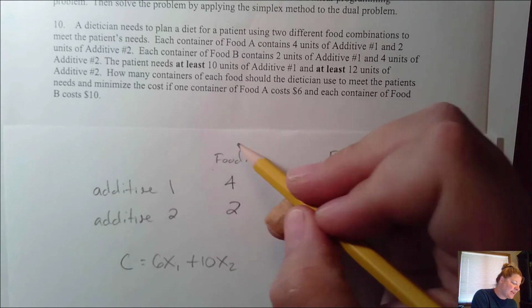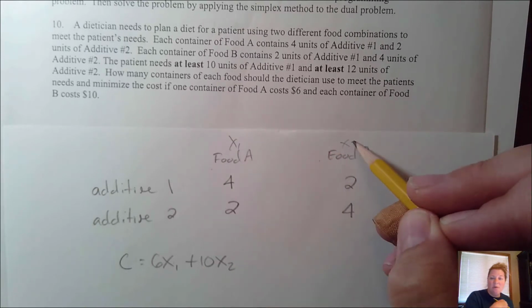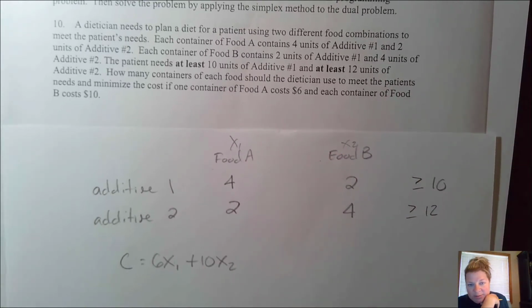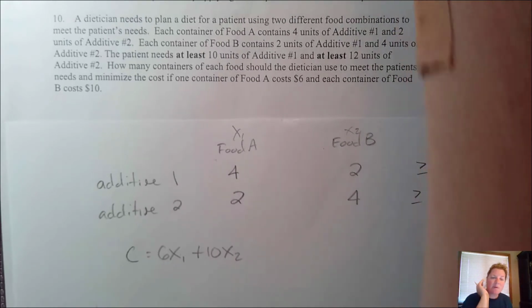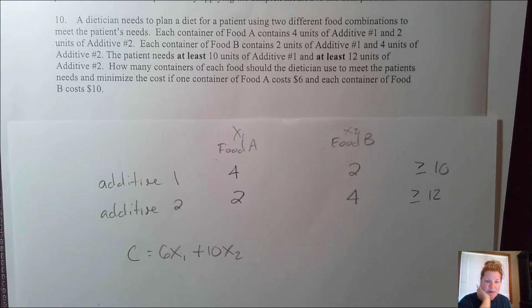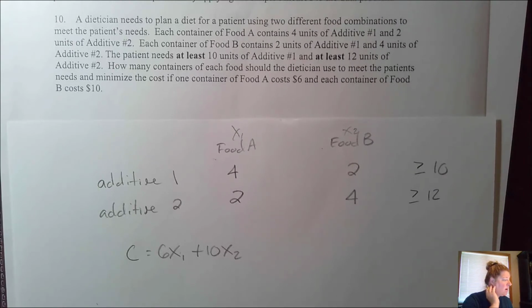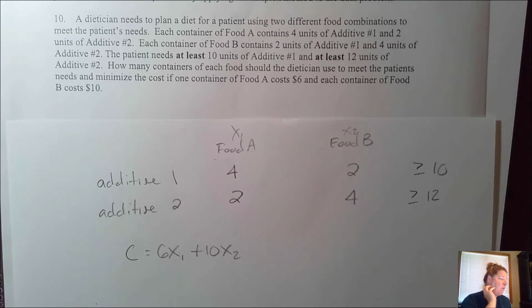I just call this x1, x2, so whatever we're talking about for food A and B, that's going to be our x values. And this is going to form basically our formulas here.